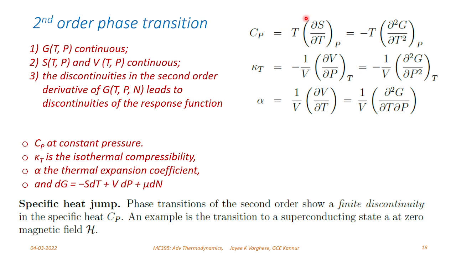But S is equal to minus of dou G by dou T. So dou S by dou T will become dou by dou T of minus dou G by dou T, so it becomes minus T into dou square G by dou T square at a constant pressure. So the specific heat is actually minus T into dou square G by dou T square at constant pressure.